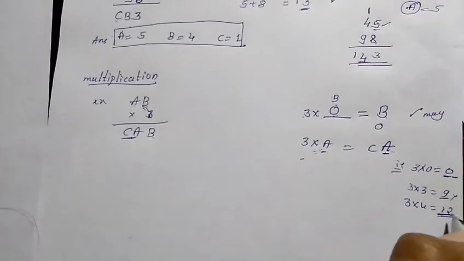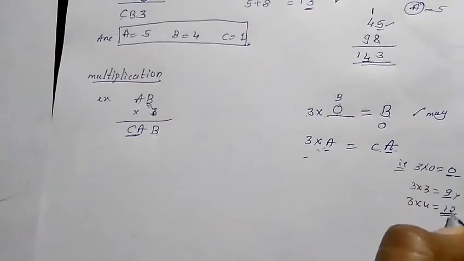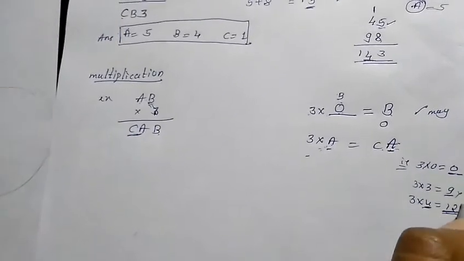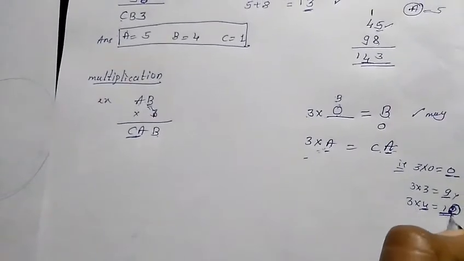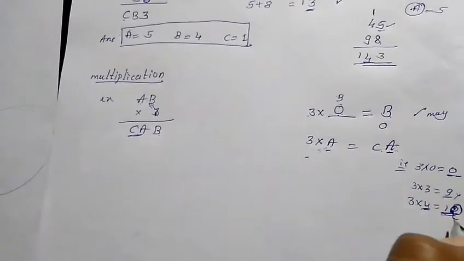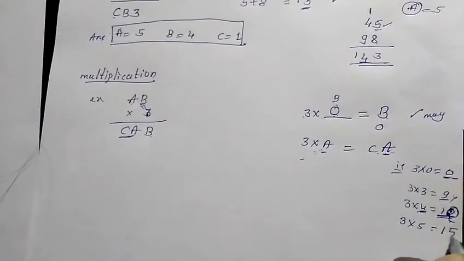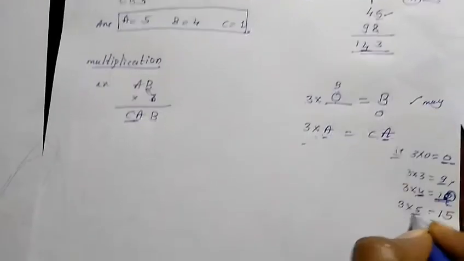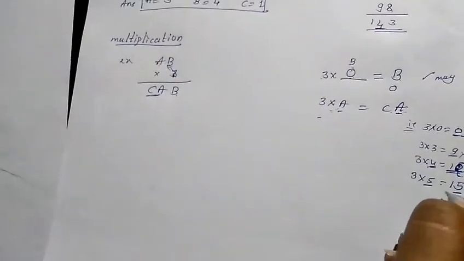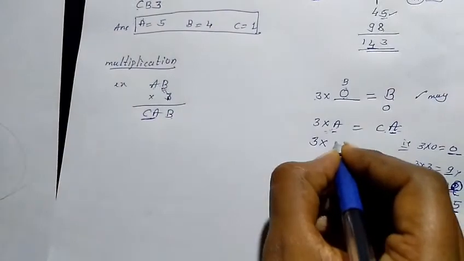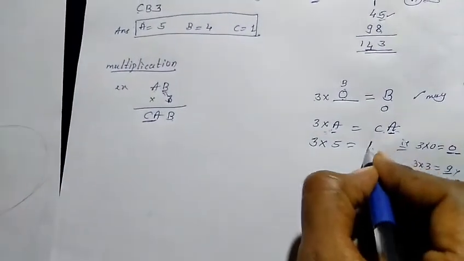It is a two-digit number, but we want the unit digit to be the same as A, and 2 and 4 are not the same. Then check 3 into 5: 5 threes are 15. Now this number and the unit place number are the same, so we can write 3 into 5 equal to 15.